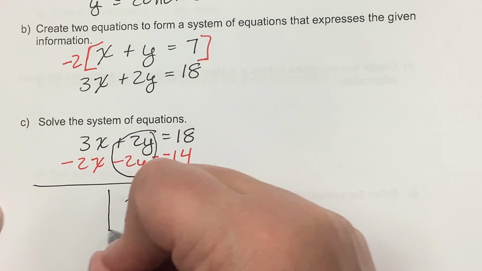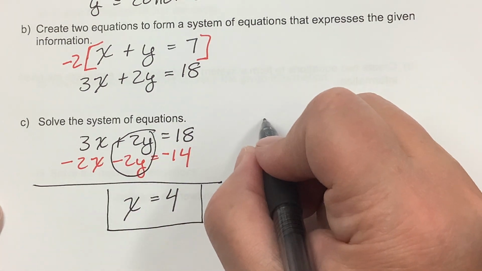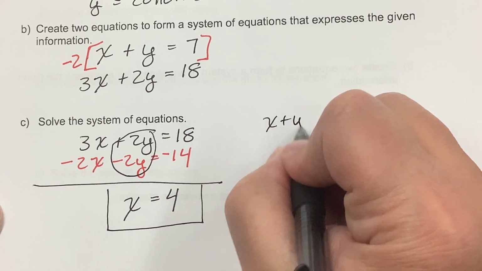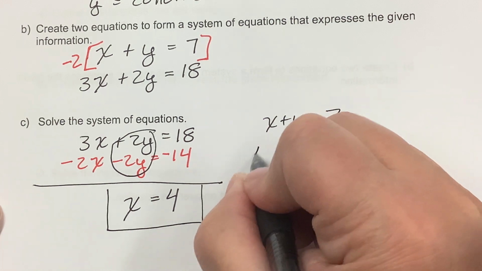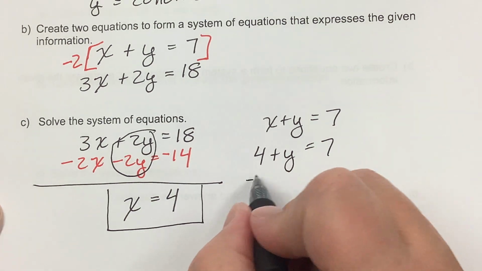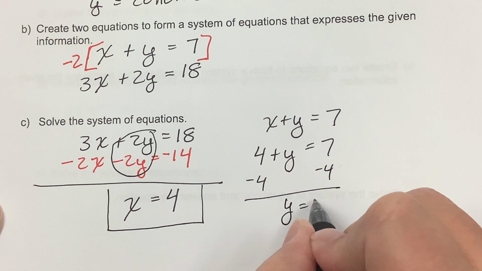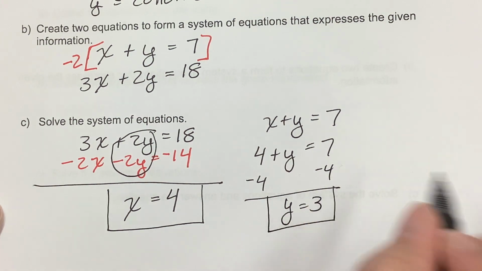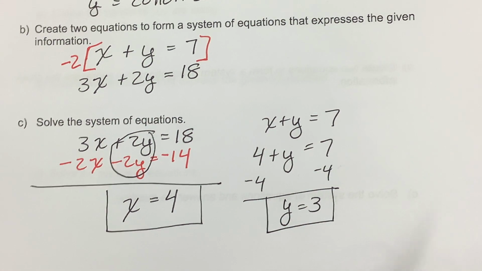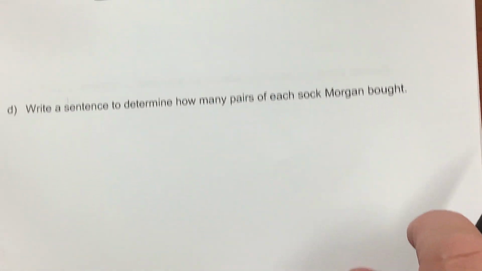Okay, so now I know there's 4 pairs of wool socks. So x plus y equals 7. 4 plus y equals 7, minus the 4 on both sides, and y equals 3. So there's 3 pairs of cotton socks. Write a sentence to determine how many pairs of each type of sock she bought.